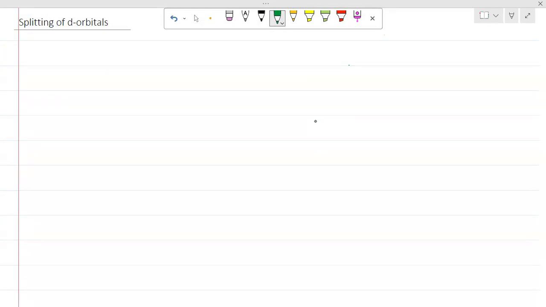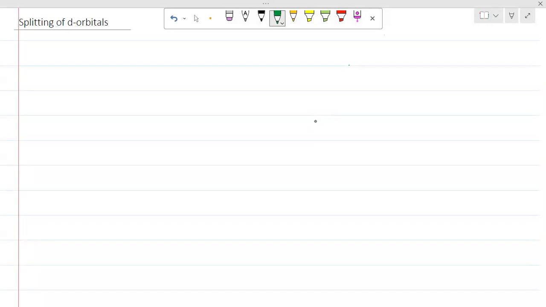So I have compiled all the geometrical splitting patterns from Housecroft and Huheey, and I'm presenting it here. It is very important for improving your score and your rank, but you'll have to learn the entire splitting by heart.